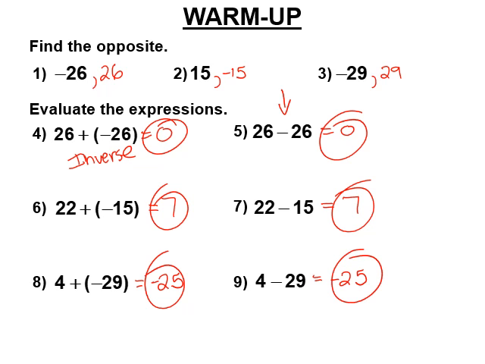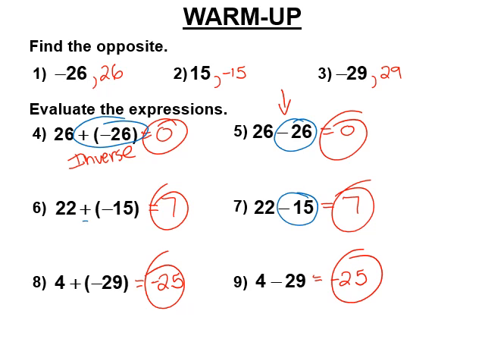And the reason is the name of the lesson. The name of the lesson says subtracting, like subtracting 26, is always the same as adding the opposite. Subtracting 26 is the same as adding negative 26, as long as the first number is the same.